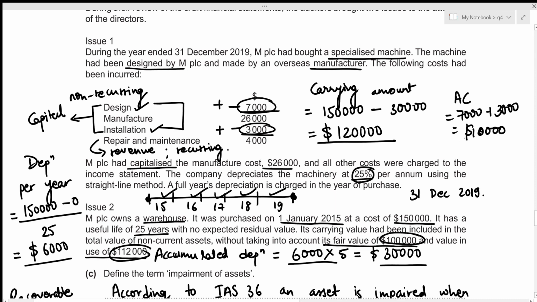So in order to figure out our additional depreciation, we can just charge 25% to this value of additional capital, right? So that would be additional depreciation will be additional capital of 10,000 times the depreciation rate of 25%. So this gives our additional depreciation to be charged or adjusted to our profit for the year to be 2,500.